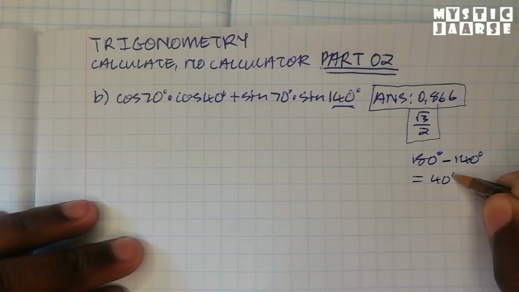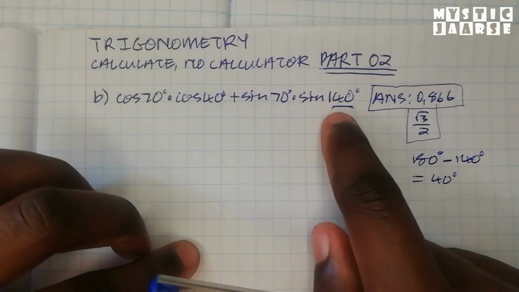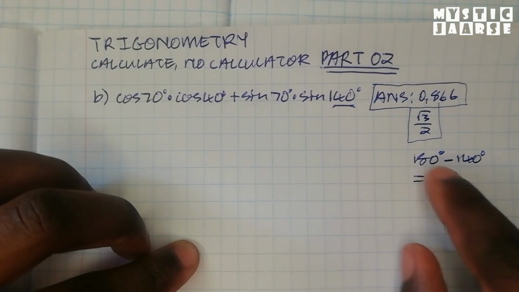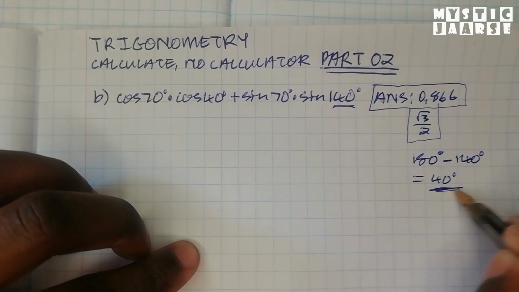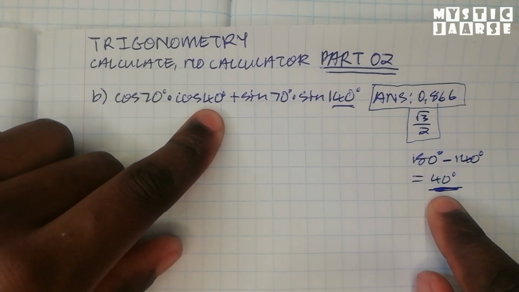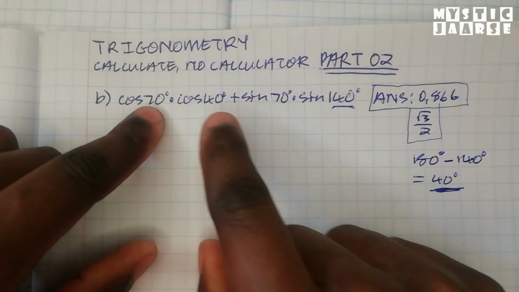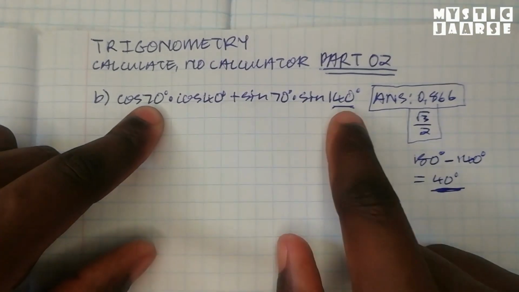You get an angle of 40 degrees. Therefore, if you reduce 140 by using 180, you will get an angle of 40 degrees. And 40 matches up with the 40 from this trig ratio. So you will have 70, 40, 70, then 40.